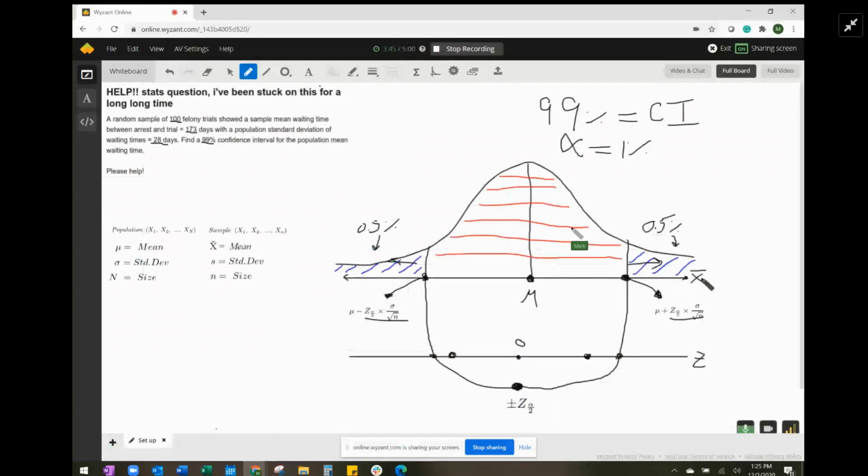This is a distribution of averages around the population mean. And in order to construct your margin of error here, you're going to multiply your z-score associated with your alpha by this term here. You can think of it as the standard deviation of your sample distribution. And all that is your population standard deviation divided by the square root of the size of your sample.